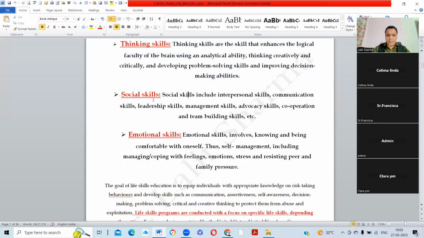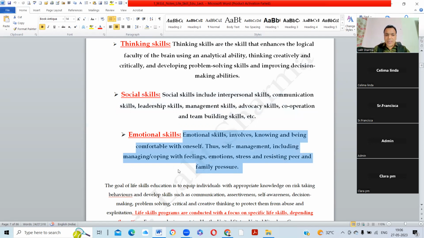Next, social skills. Social skills include interpersonal skills, communication skills, leadership skills, management skills, advocacy, cooperation, team building skills. And emotional skills involve knowing and being comfortable with oneself.